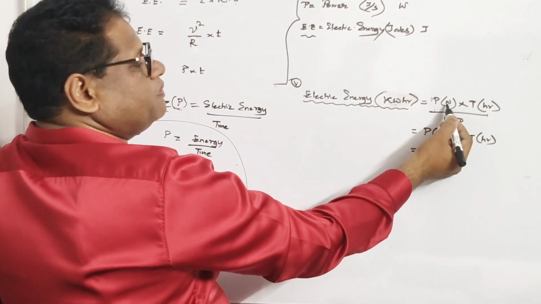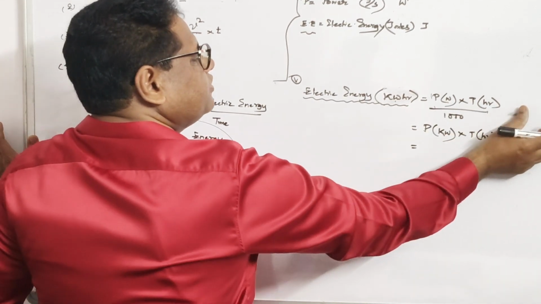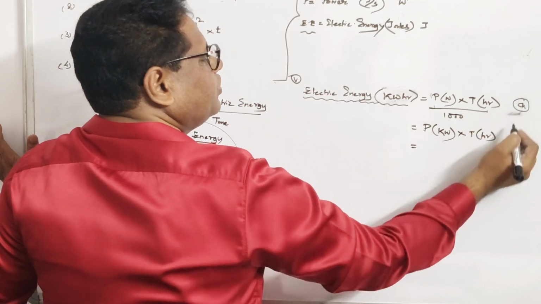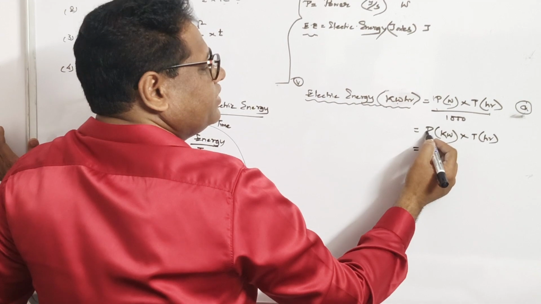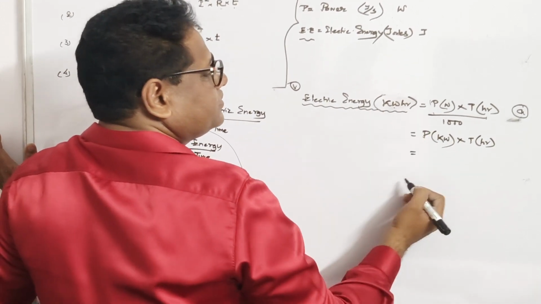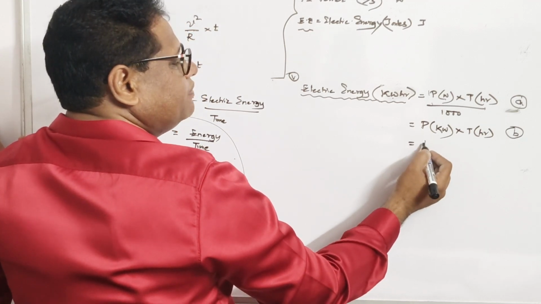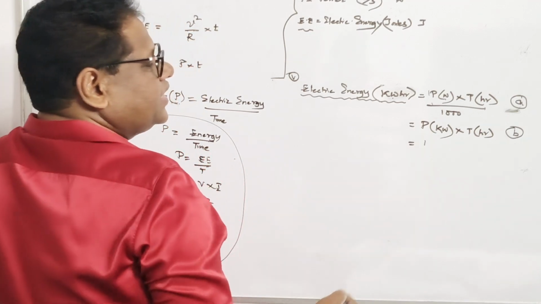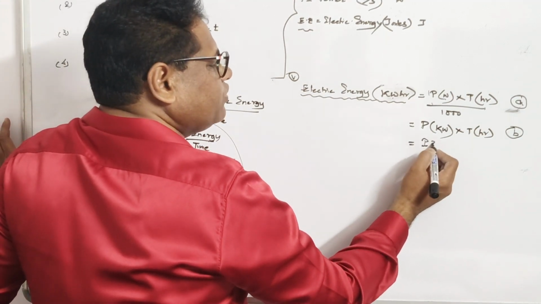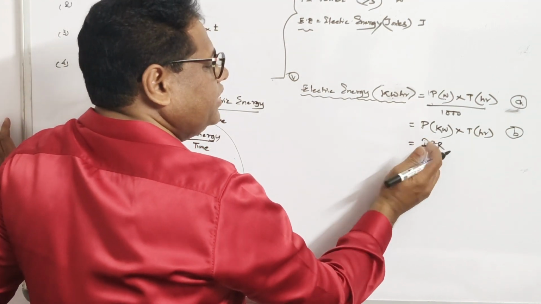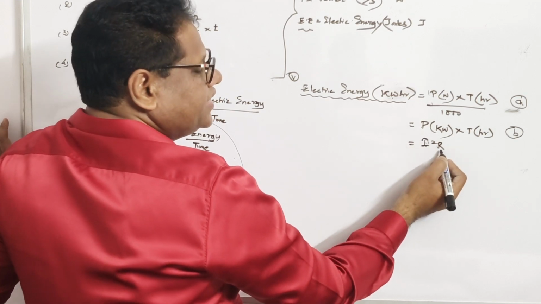Next, suppose power in watts is given, you can use this first step. This is equation 1a. This is equation 2 when power in kilowatts is given and you have to calculate this. So this is the second expression B. Sometimes the power is not mentioned, the current and resistance is given, then you can use I square R, where I is the current and R is the resistance.